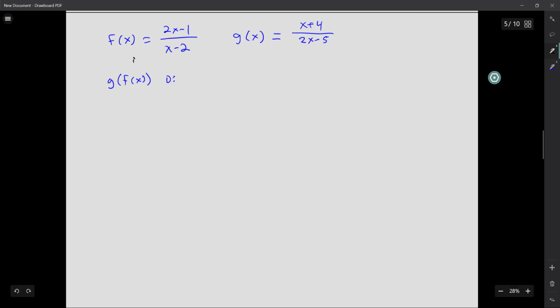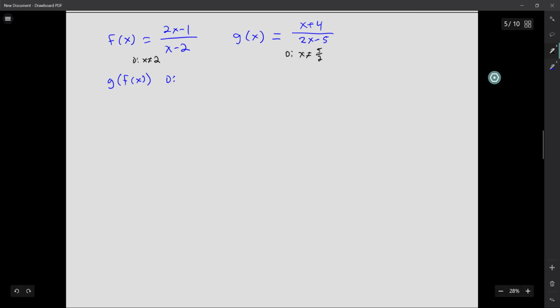The domain for f, we like rational functions because we only have to look at the denominator. We just have to be not 2, no other problems. The domain for g is x is not equal to 5/2.